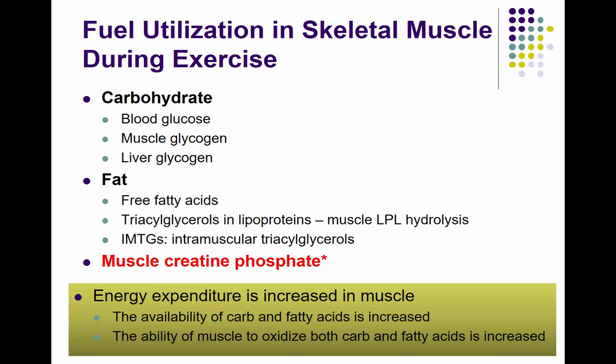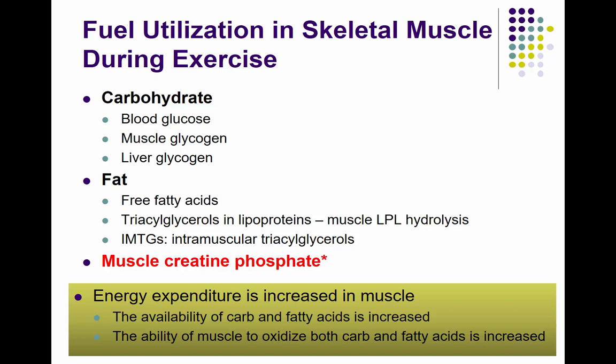carbohydrate, fat, and another important energy source is the muscle creatine phosphate, right? These are the energy fuels used by muscle during exercise, and we do not see ketone bodies listed here.